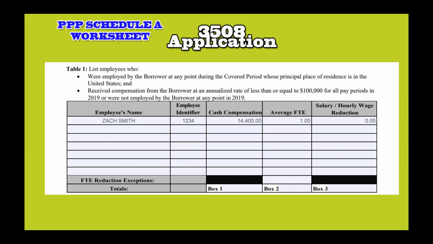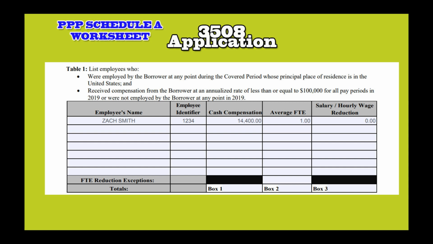Zach Smith. Where it says employee identifier, that is the last 4 digits of your employee's social security number. Okay? Employee identifier, last 4 digits of the employee's social security number.